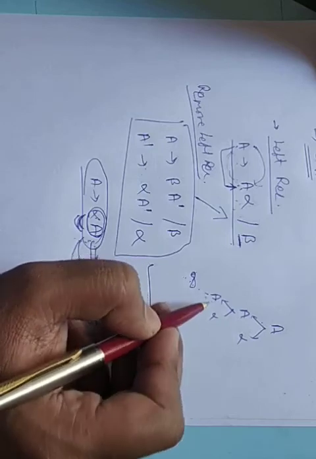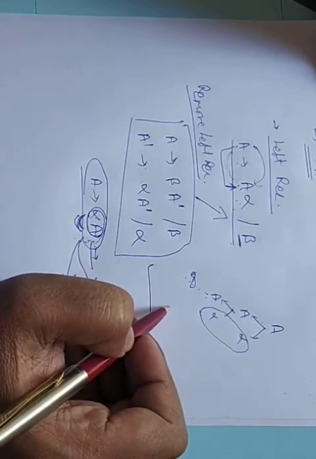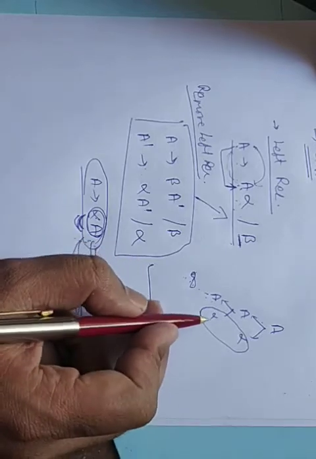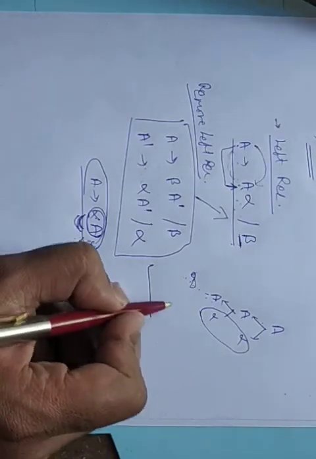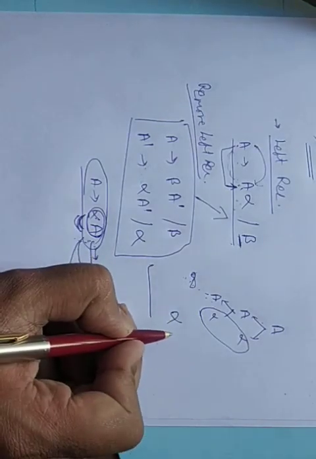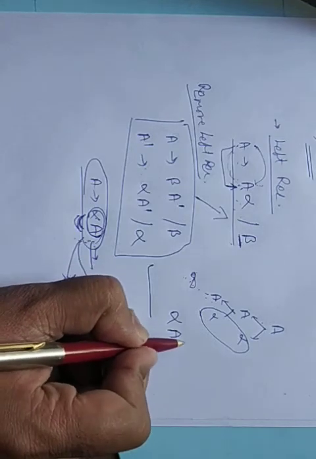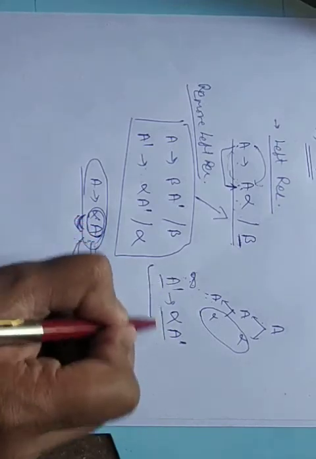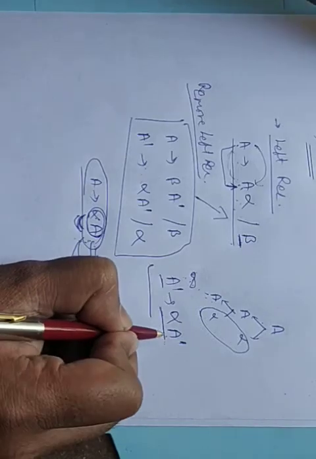A is used to repeat and get alpha multiple times. So I am going to utilize the same concept: I want alpha multiple times, and that is A dash. Hence from A dash, what can I get? Alpha multiple times.